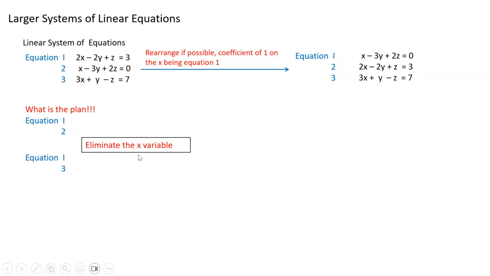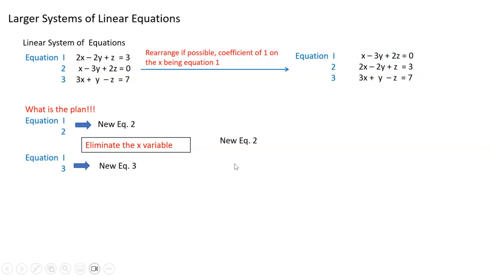Then you're going to get two more equations with no x values. When I do equations 1 and 2, I'm going to call it new equation 2. And when I do 1 and 3, I'm going to call it new equation 3. These equations are not going to have any x variables because they were eliminated.